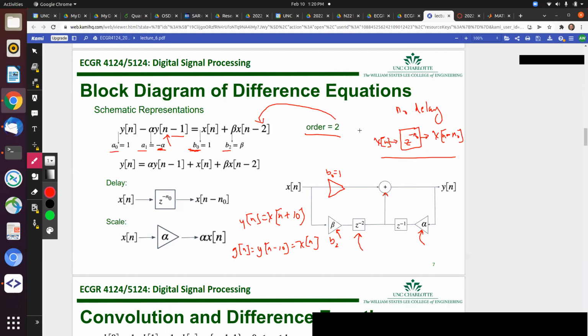The idea is typically to get the best numerical performance with the smallest amount of incurred delay. For example, if you're trying to interpolate, or say you're trying to calculate curvature, right? Curvature is like the second derivative, the difference of the difference. So if you do x of n minus x of n minus 1, we know that's the first order difference, the derivative. Well, the second order difference is the derivative of the derivative.